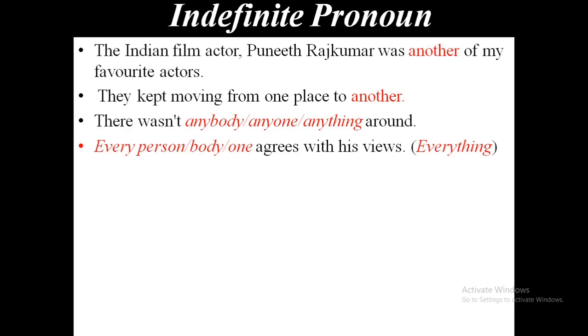Here you can also see indefinite pronouns, which are not referring to a particular person like Punit Rajkumar in the first sentence. Now next: nobody, no one agreed with me, or nothing is also another indefinite pronoun. So nothing is possible, everything is possible. In this sentence, it is used as a pronoun.